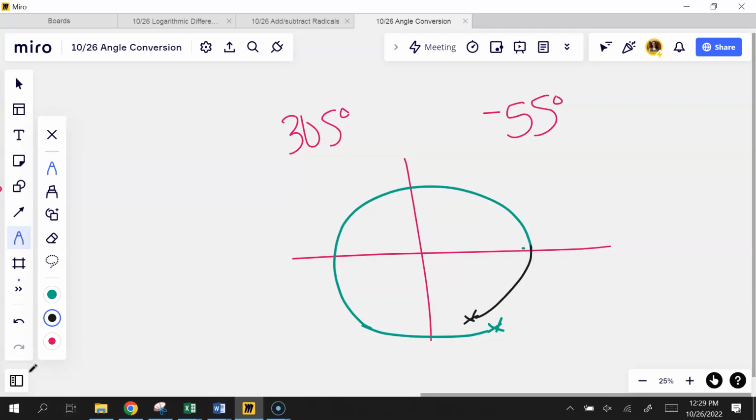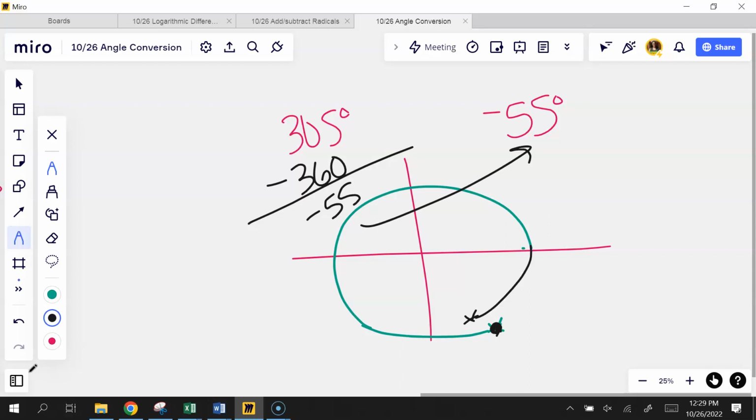How could you figure that out? If I subtract 360 degrees, do I end back up where I was? What do you get there? Negative 55. So yes, they are coterminal.